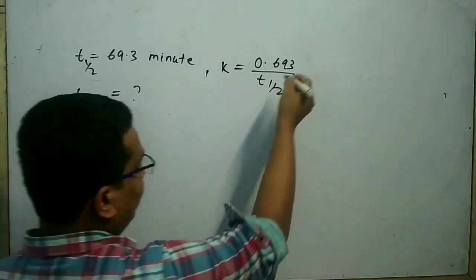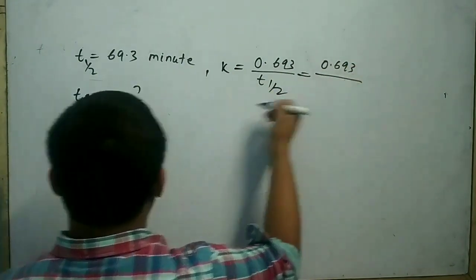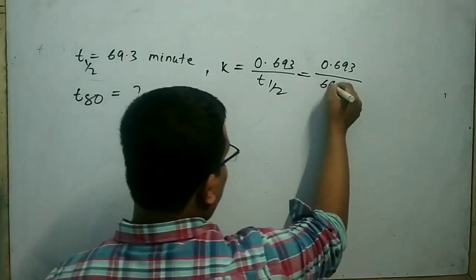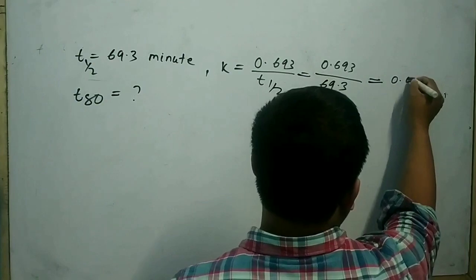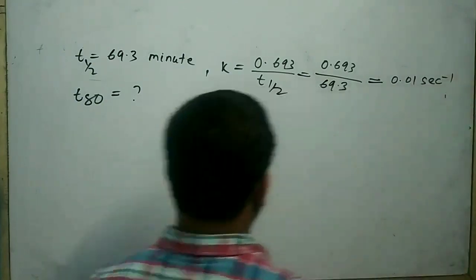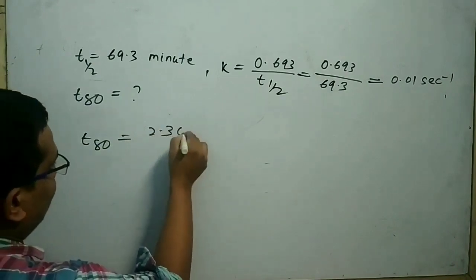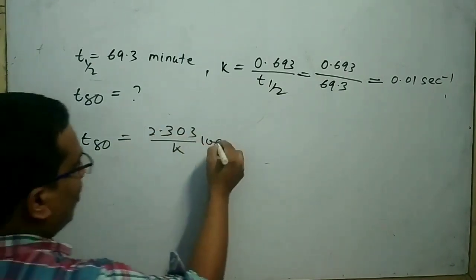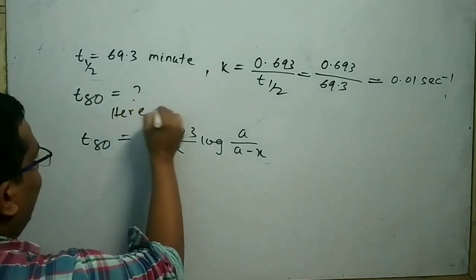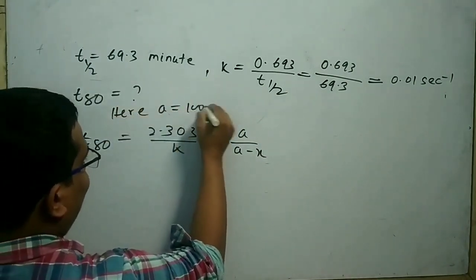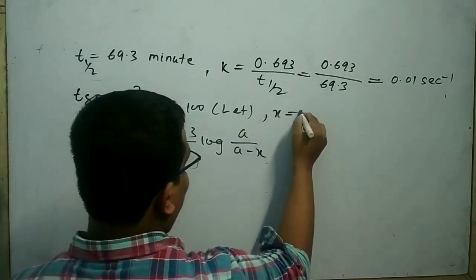That means we can write K equal to 0.693 divided by 69.3. By solving, we find 0.01 per minute. For T80, we can write T equals 2.303 divided by K log of A by (A minus X). Here let A be equal to 100, therefore X is equal to 80.